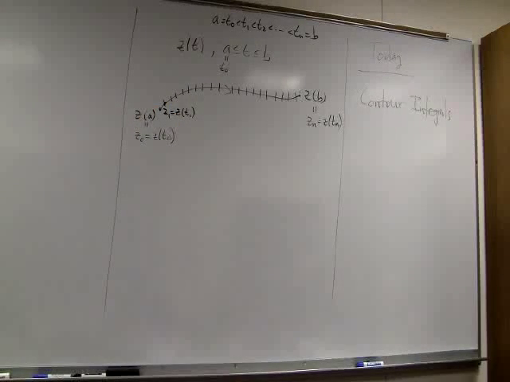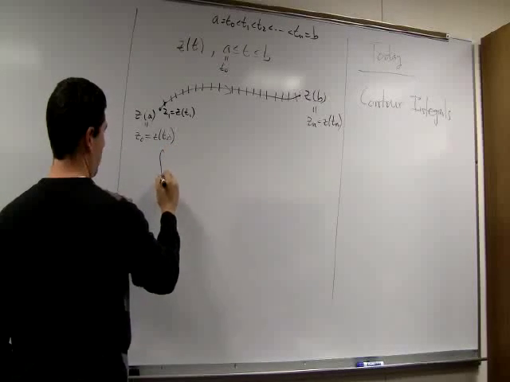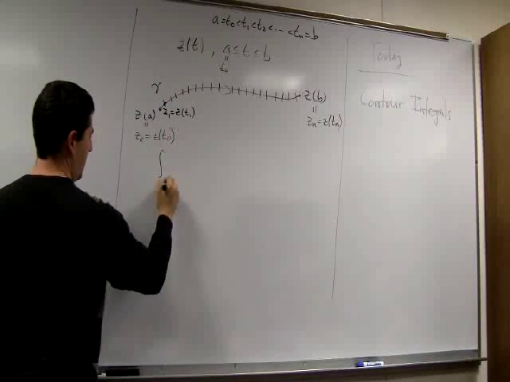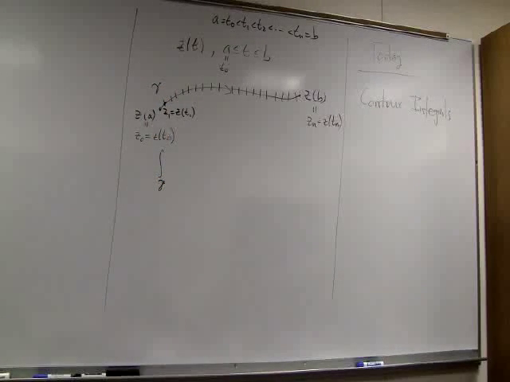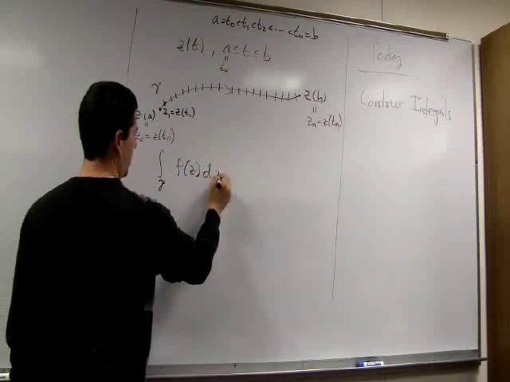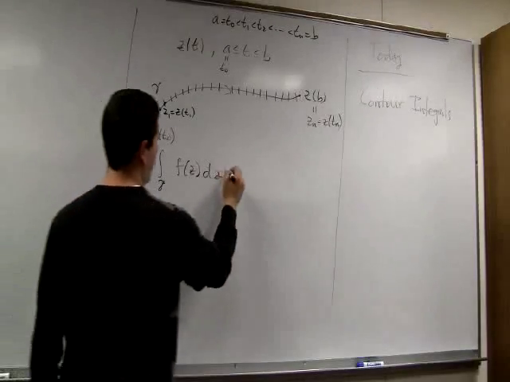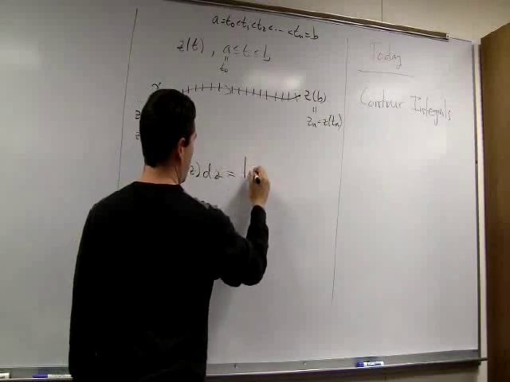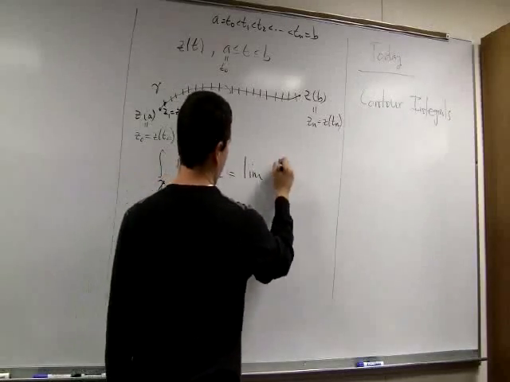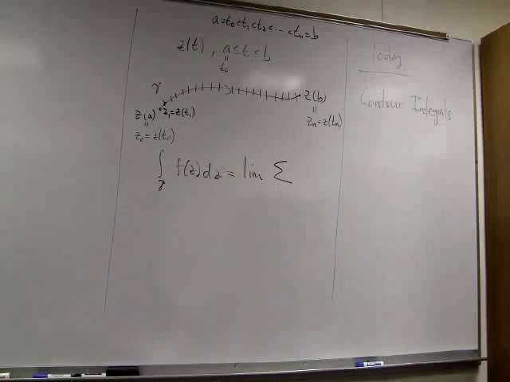Okay? And then the definition, let's give a name to this curve, we'll call it gamma. The definition of our integral over gamma, our line integral, is going to be, by the way, of some function with appropriate properties eventually. It'll be a limit, and we'll worry about what's going to be limiting there in a second. And there'll be a sum. We'll worry about what we're summing over in a second.